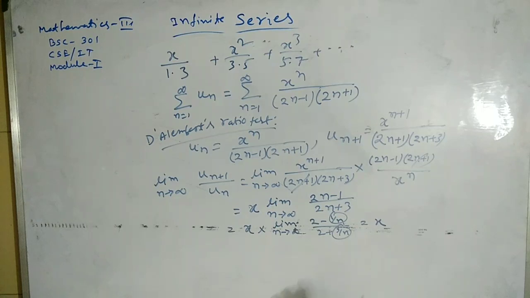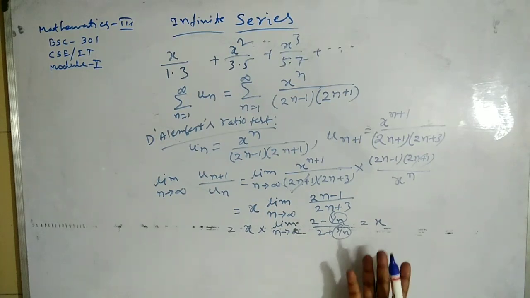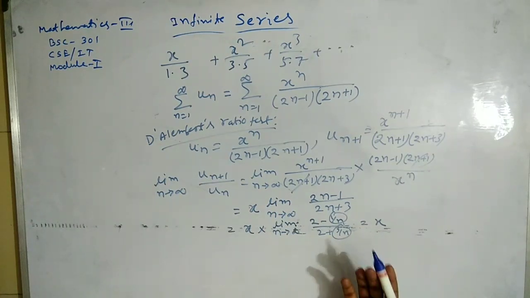So according to the statement of D'Alembert's ratio test, we can say that if the limit is a finite real number, and since x is a finite real number, and if that limit is less than 1, then the series is convergent.